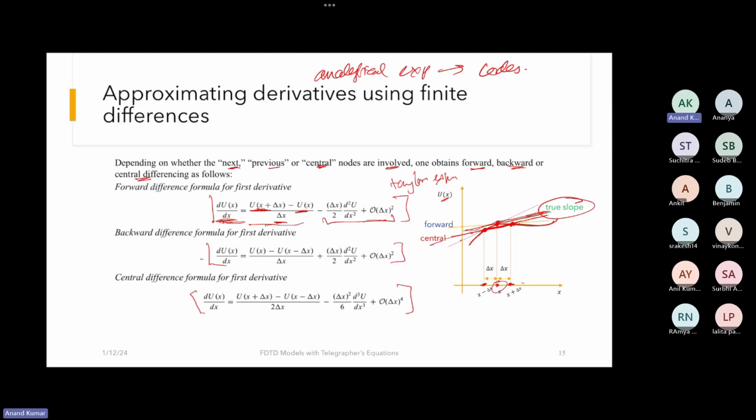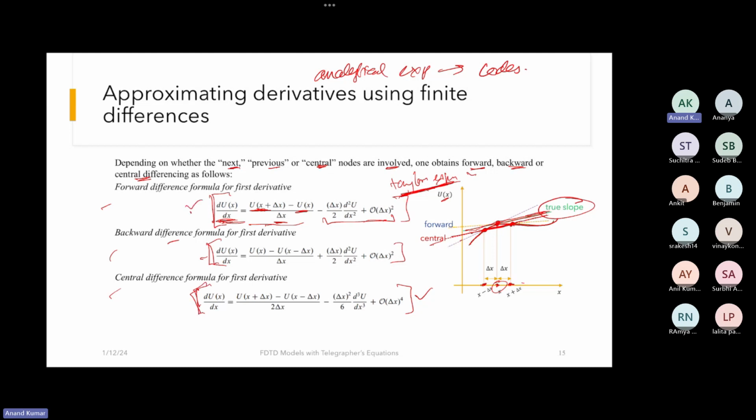All these expressions come from the Taylor's expansion, and if you don't recall this, I recommend you give it a read. It's not very hard. These are three ways in which you can approximate your first derivative: forward difference, backward difference, and central difference.